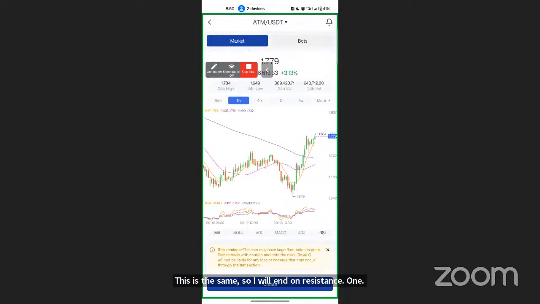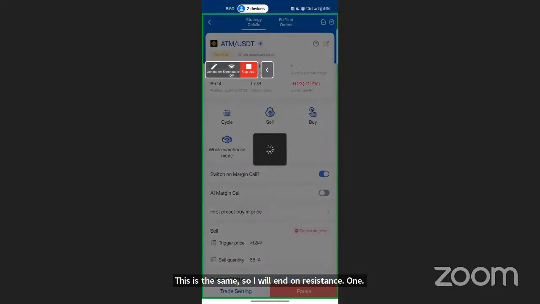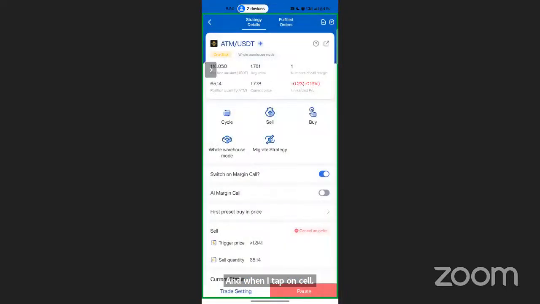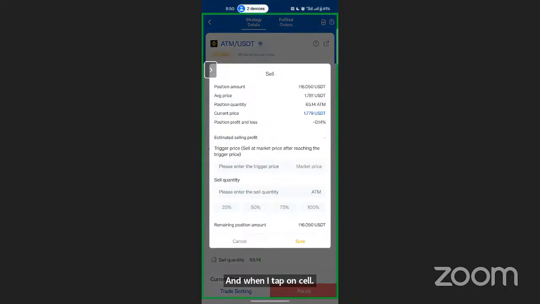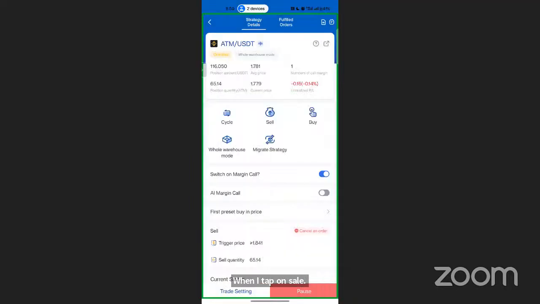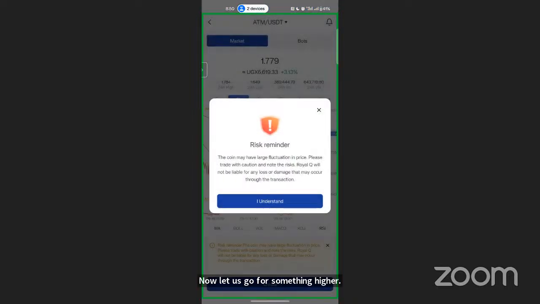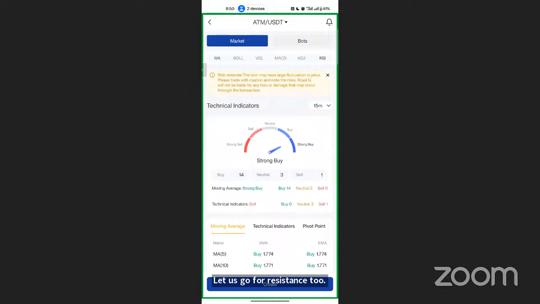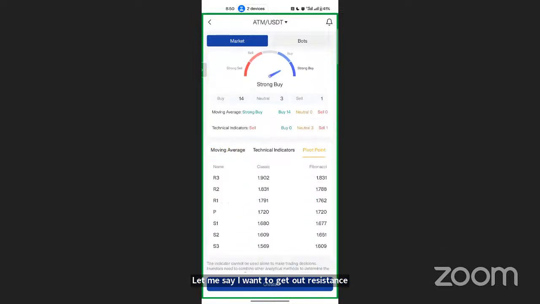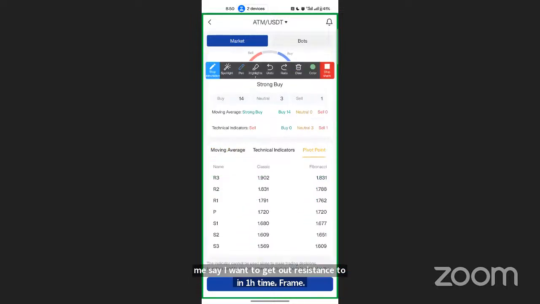And when I tap on sell, now let us go for something higher. Let us go for resistance 2. Let me say I want to get out at resistance 2 in 1 hour time frame. What is the figure on resistance 2?